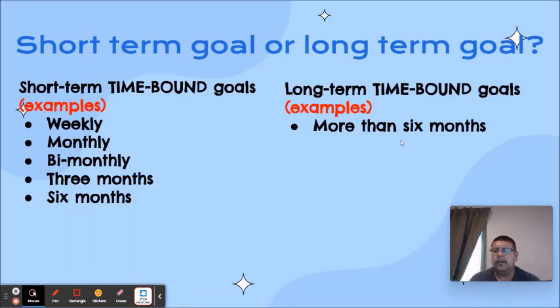Now, you're going to know the difference between a short term goal and a long term goal. Let's look for the examples for short term time bound goals. Whenever you want to make a short term goal, it has to be either weekly, monthly, bimonthly, 3 months, or 6 months.